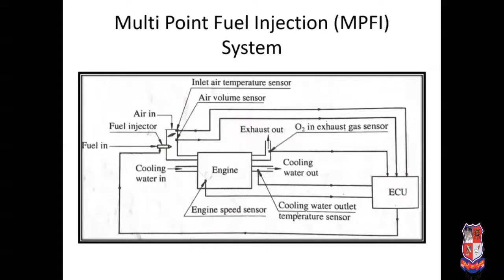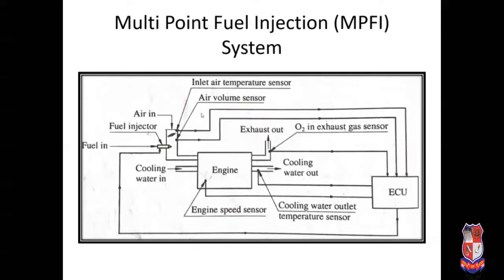Okay, so the cooling water temperature sensor measures the temperature of the cooling water, and again that is used to control the air fuel ratio. Then last, that is the exhaust gas sensor, the O2 in exhaust gas sensor, which is used to measure the emissions, right? So all these sensors are directly connected to the ECU.